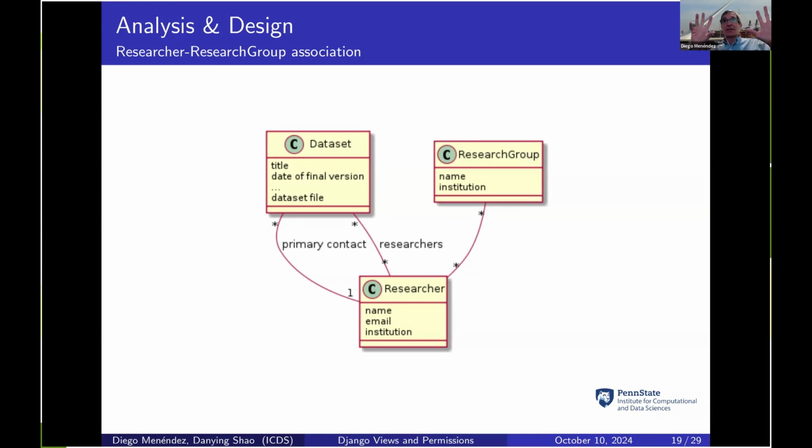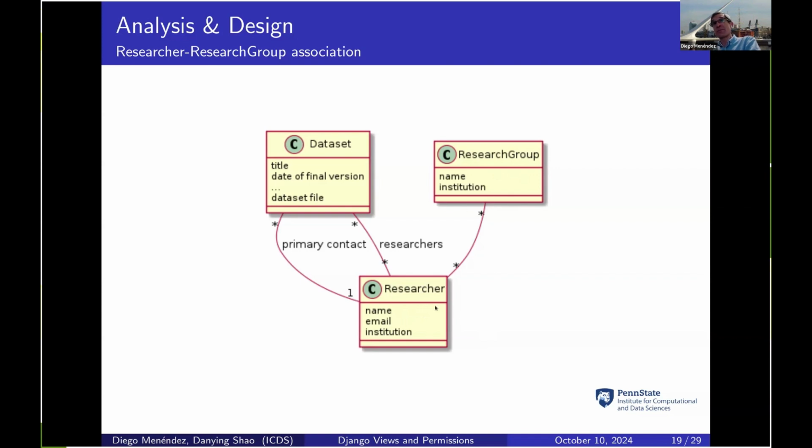Once we understand that, we'll go ahead and see how this is implemented in code. You will see that there is a similarity between the researcher from the model and Django's user class. And there is a similarity between the research groups that we need and Django's groups.